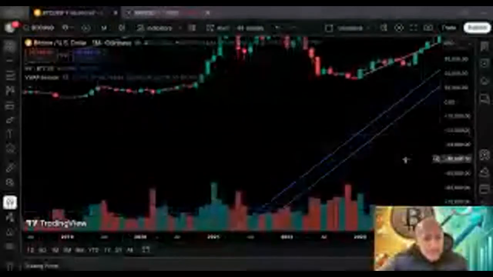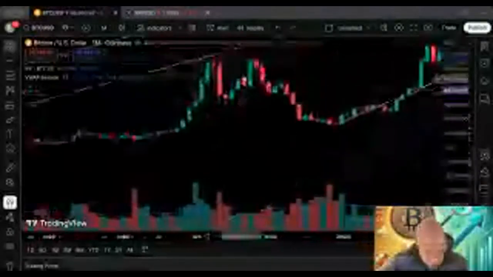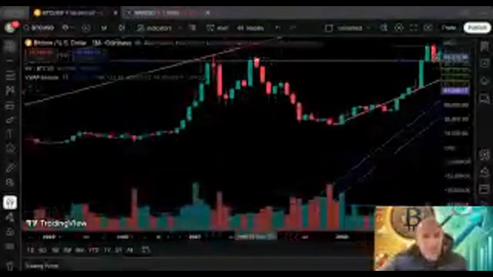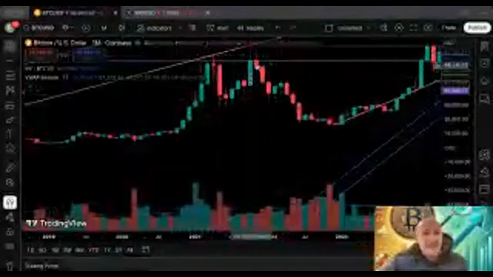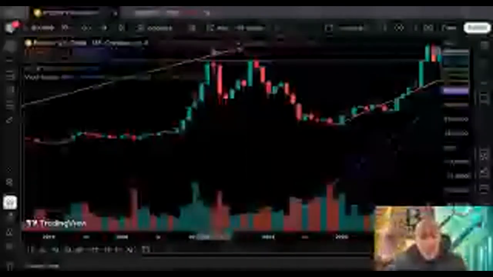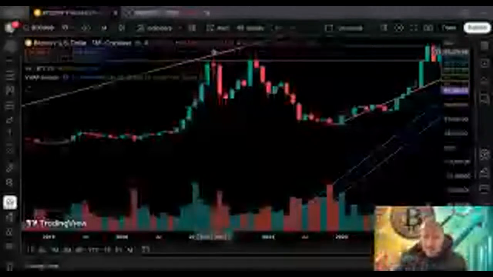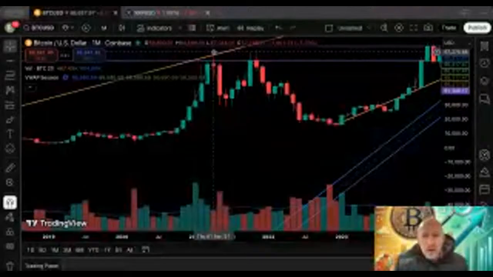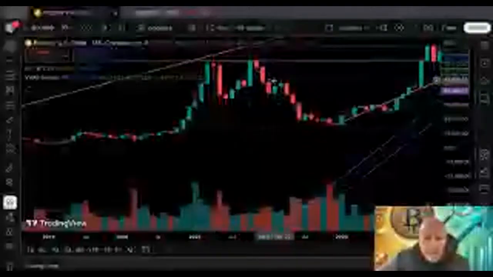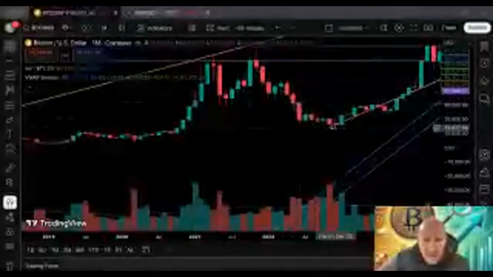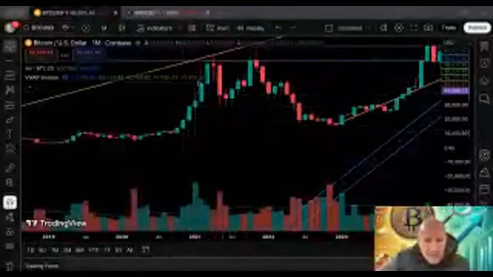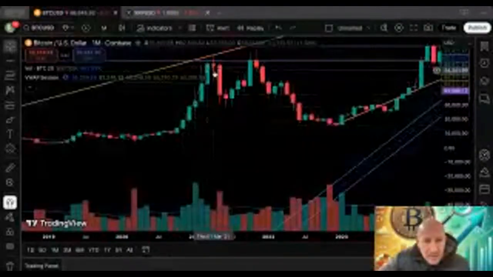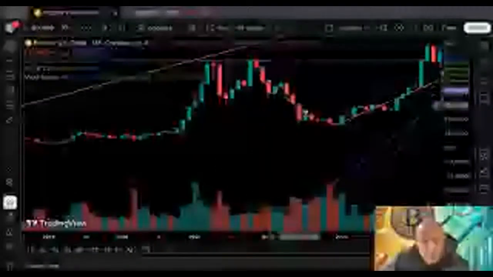This here was the last bull run. It's a bull run when price is going up. It's a bear market when price is going down. So this right here, bear market territory, bull market territory, bear market fake out, pump, bear market.